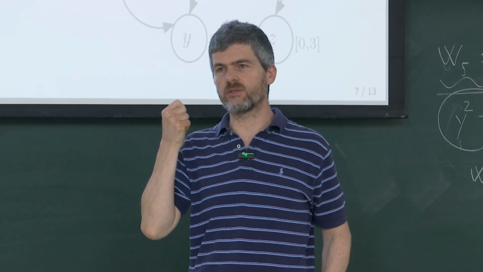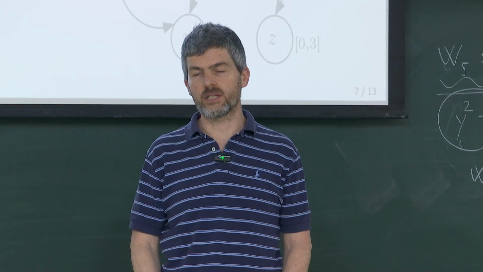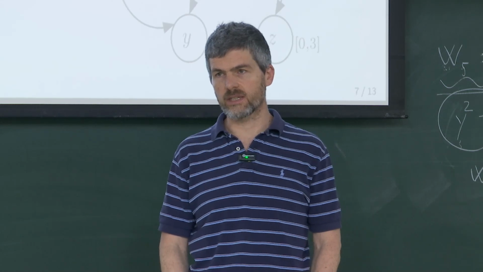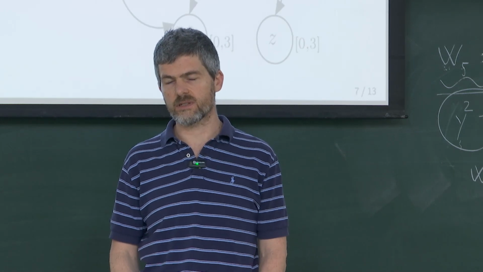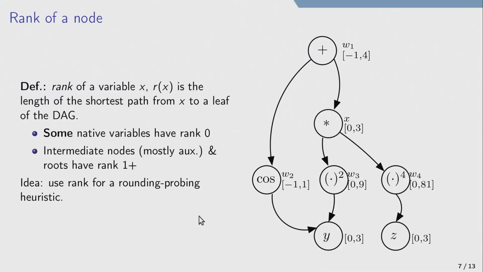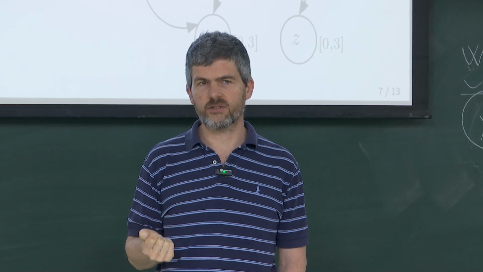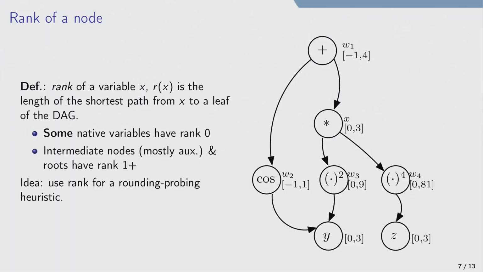The rank tells you how much that node depends on the nodes underneath, and especially on a change in the bounds of the nodes underneath. And that's the idea. Use the rank to give you an ordering of the variables before applying some form of bound reduction and probing. Does everybody know what probing is?